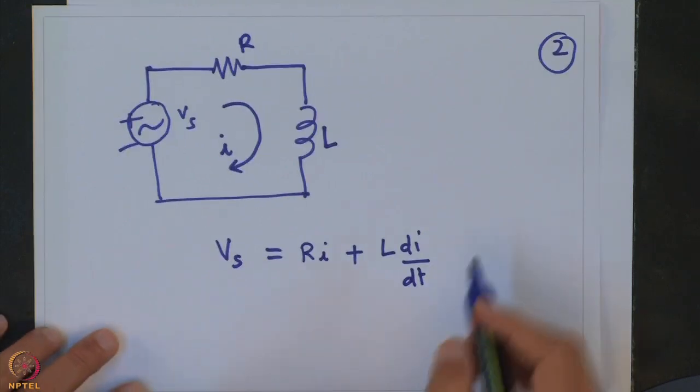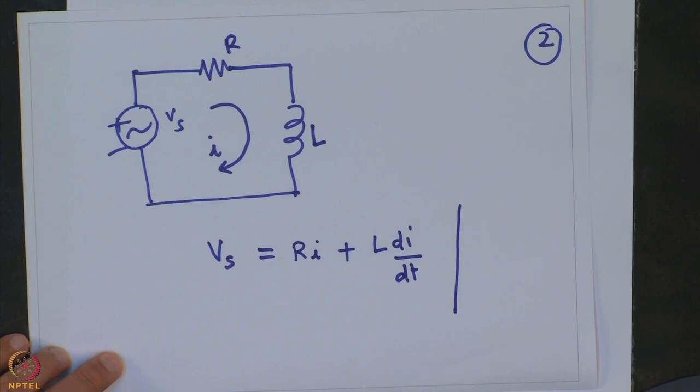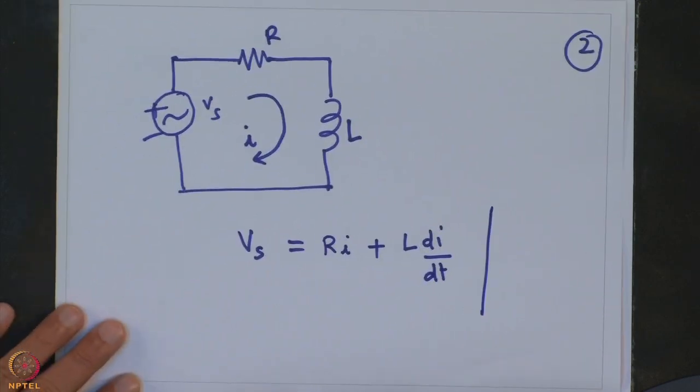As we can see, this is a differential equation, and it is a linear differential equation, but it is a non-homogeneous differential equation because this is not 0.